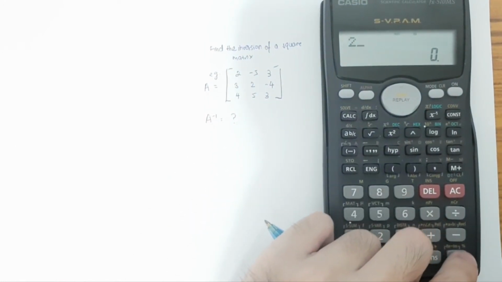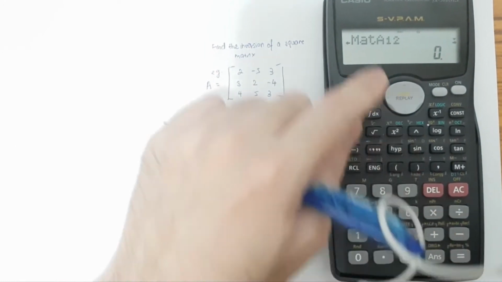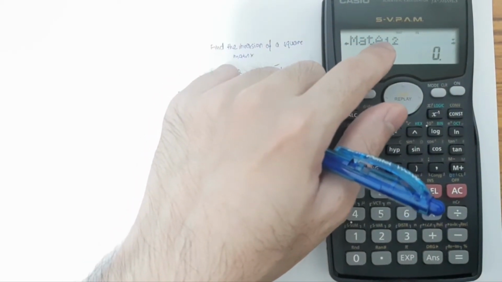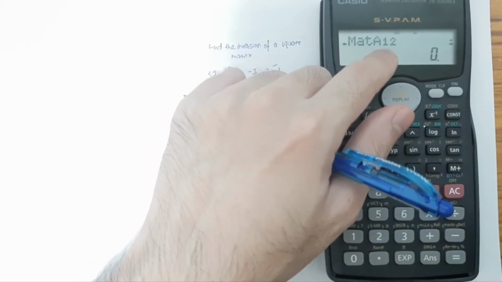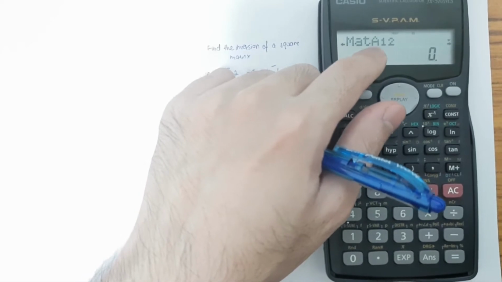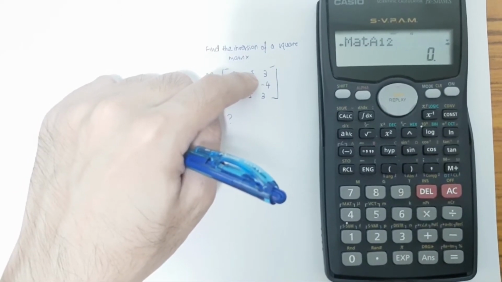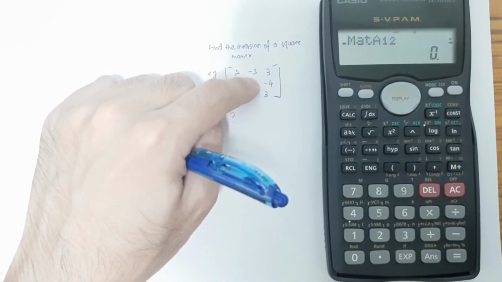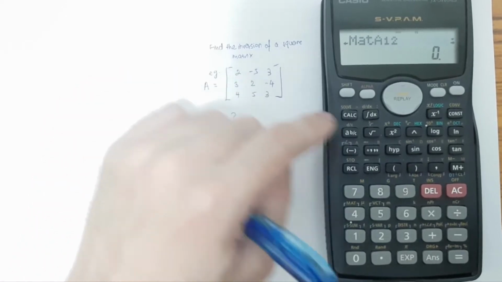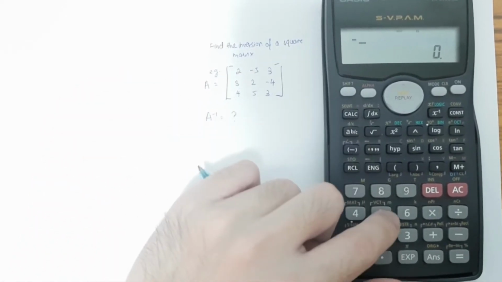So we key in 2 and press equal. The next one is MAT big A12, which represents the value of the first row, second column of the matrix. That is -5.